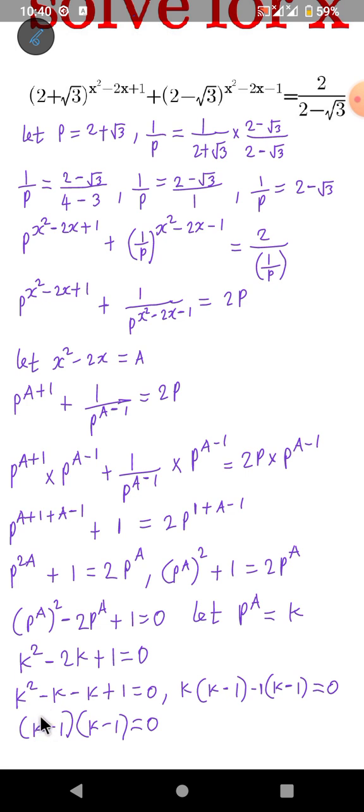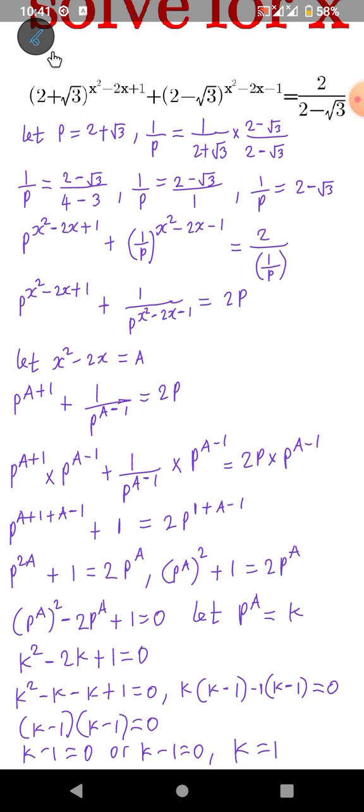It's an equal root equation now, because k minus 1 is equal to 0 and k minus 1 is also equal to 0. So we can say k minus 1 equal to 0. Then from here now, I will just take only one of them. So since k minus 1 is equal to 0, so we say k is equal to 1.